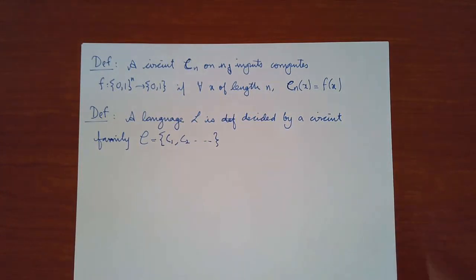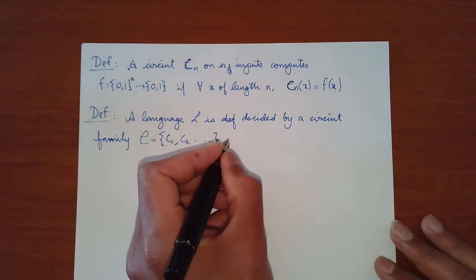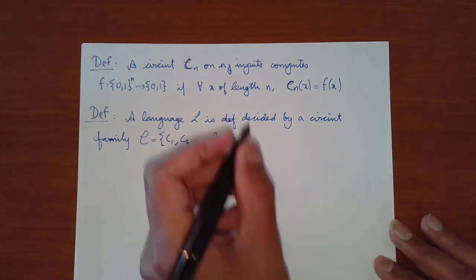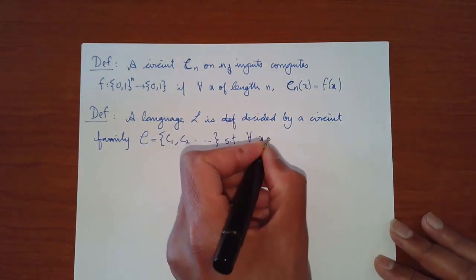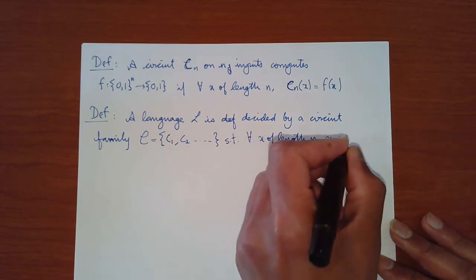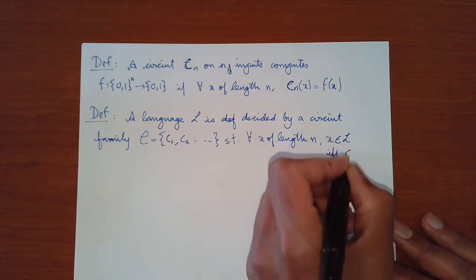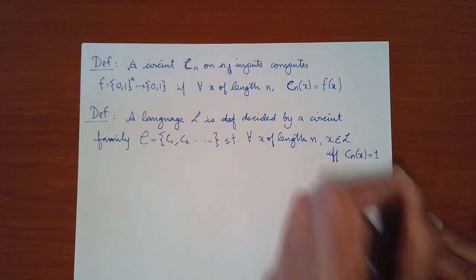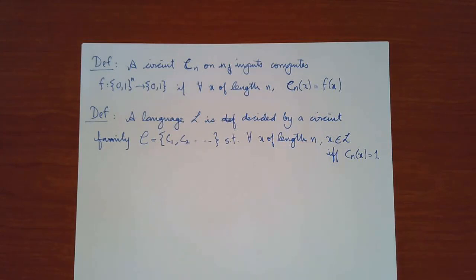It's just an infinite set of circuits, such that for all x of length n, x is in L if and only if, sort of the obvious, Cn of x is 1. Right? So this is called a circuit family. Does this make sense? What a circuit family is?